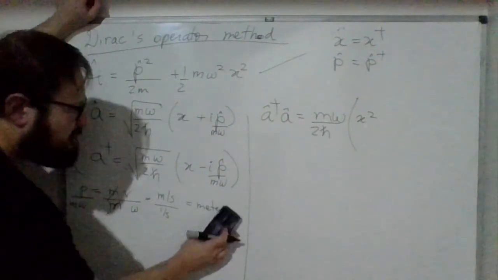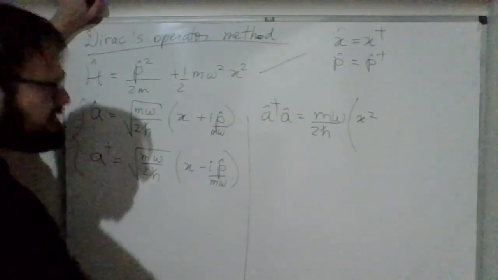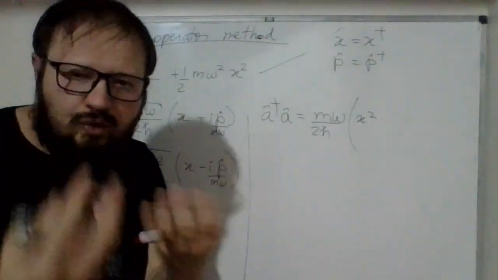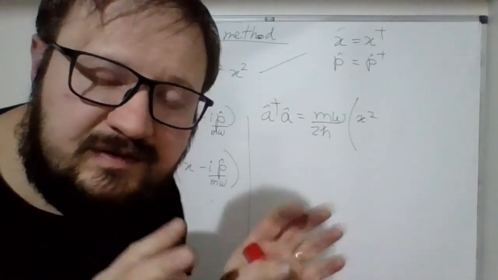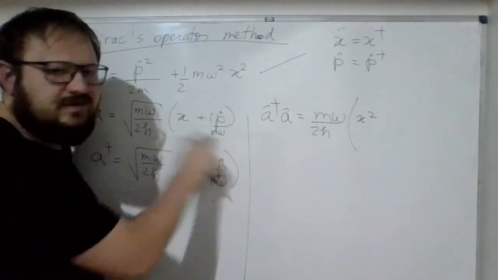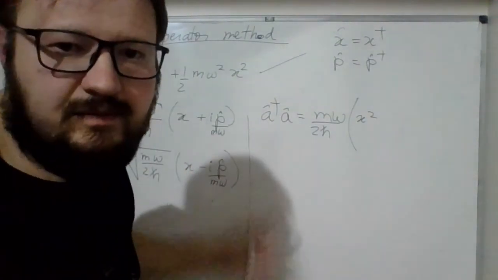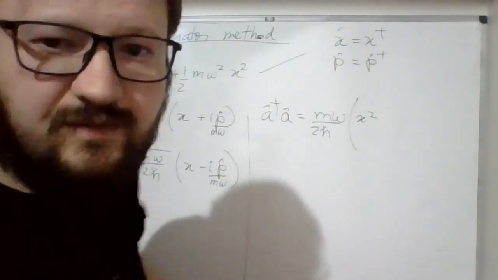So dimensional analysis will show you that you need to mix position with momentum, divided by some constant which has units of mass times angular frequency, and it's better to use the constants which we already have, all right?